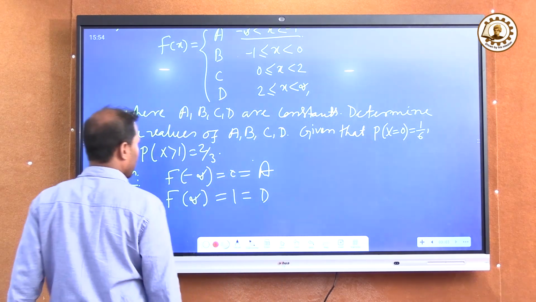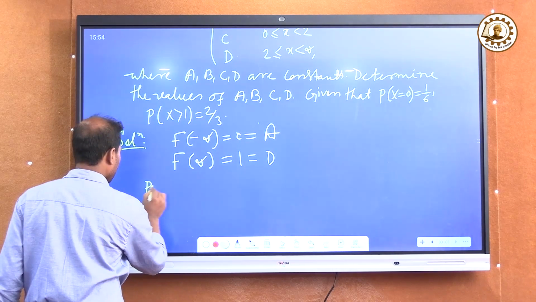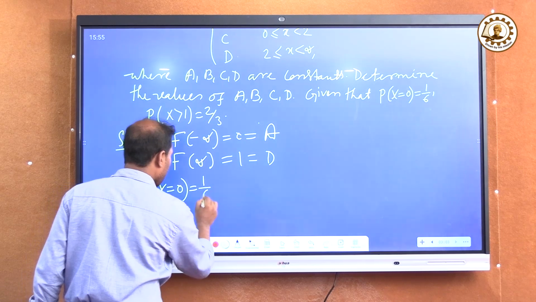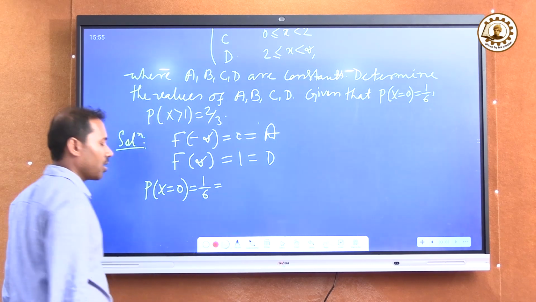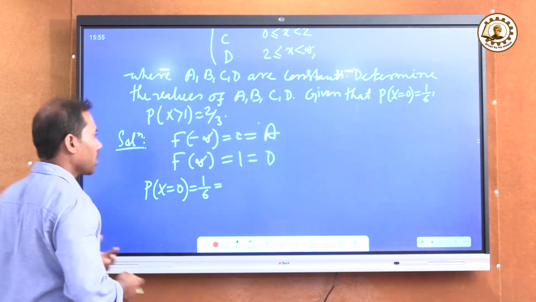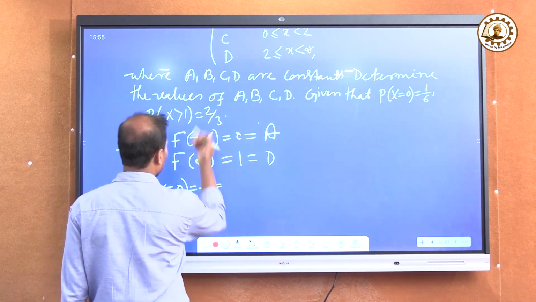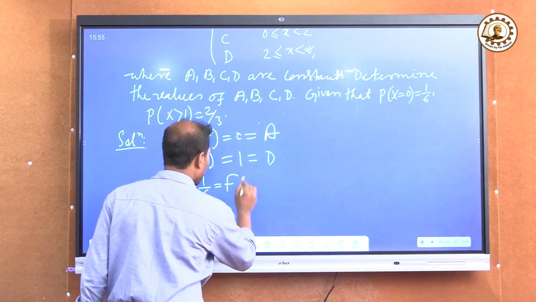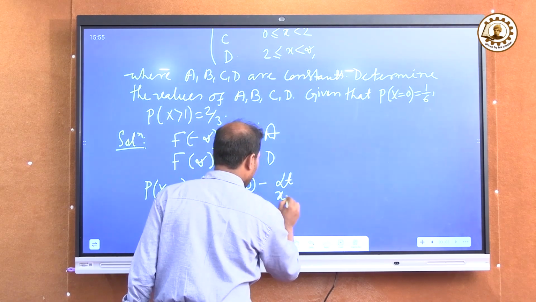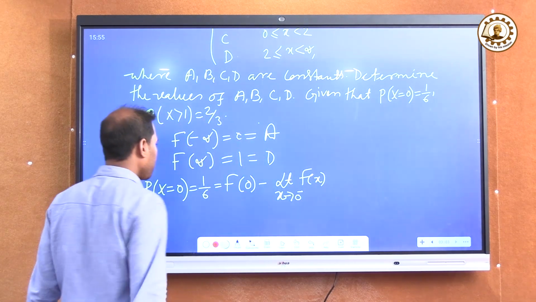Now it is given that the probability of X equals 0 is 1 by 6, and we know the property of jump discontinuity in a probability distribution function: the probability is F of 0 minus the limit as x tends to 0 from the left of F of x.